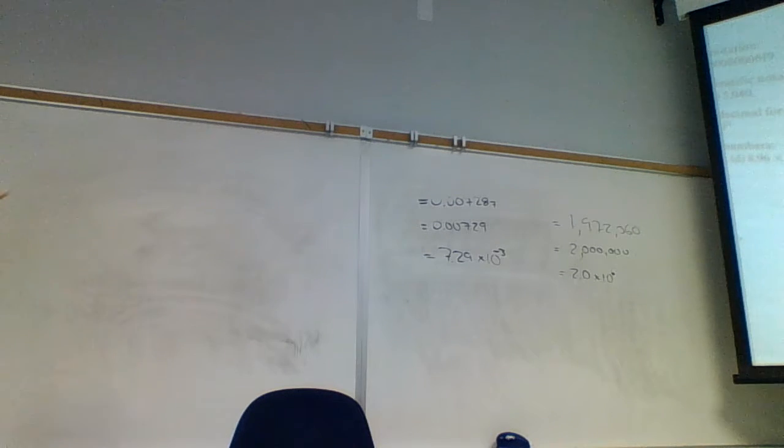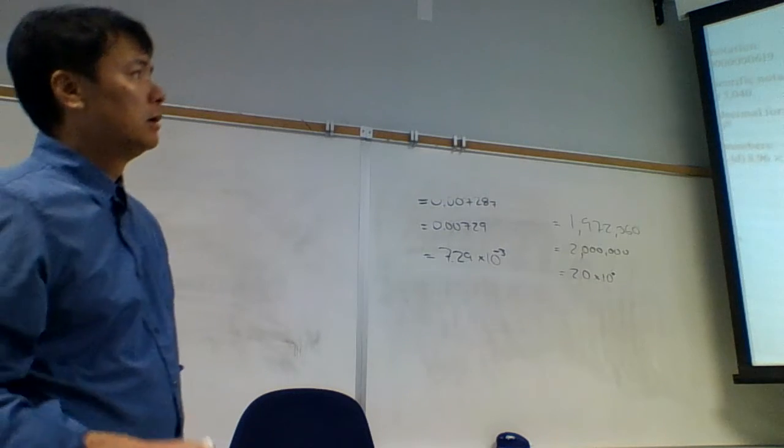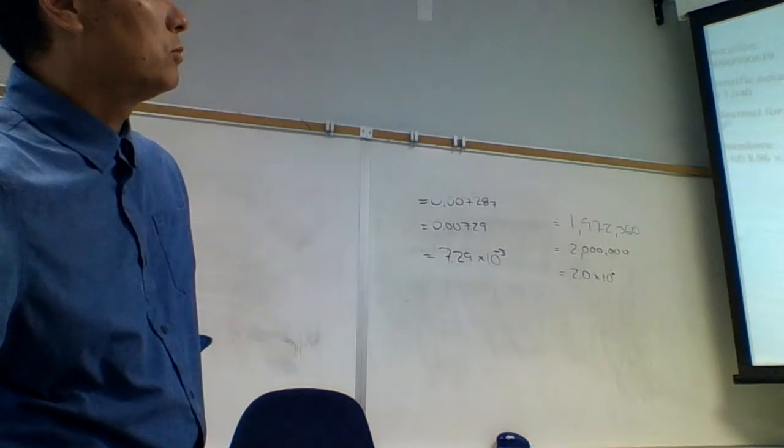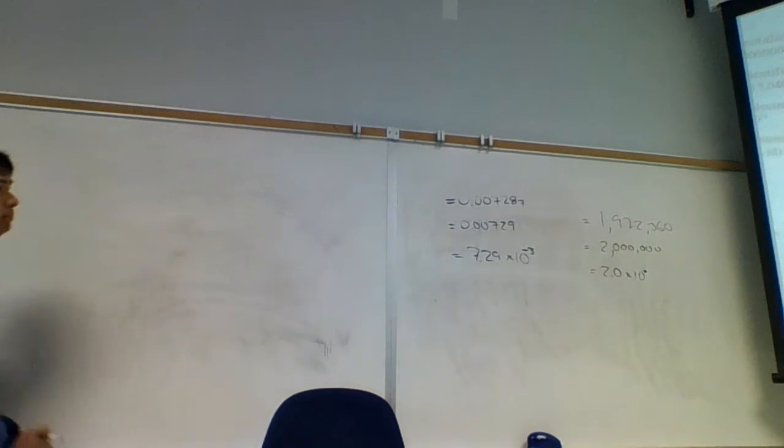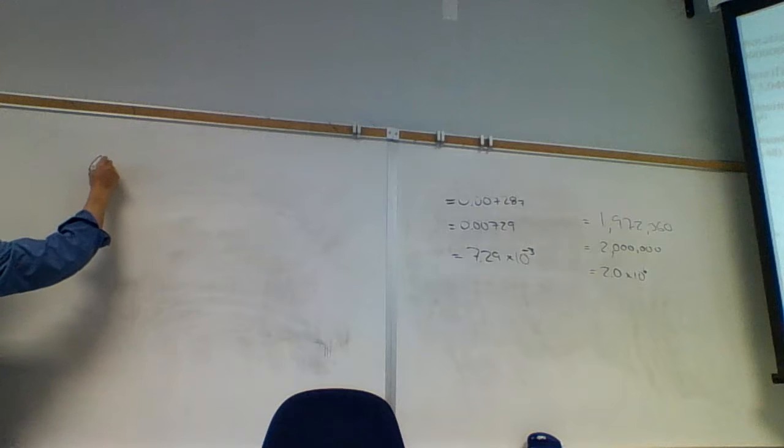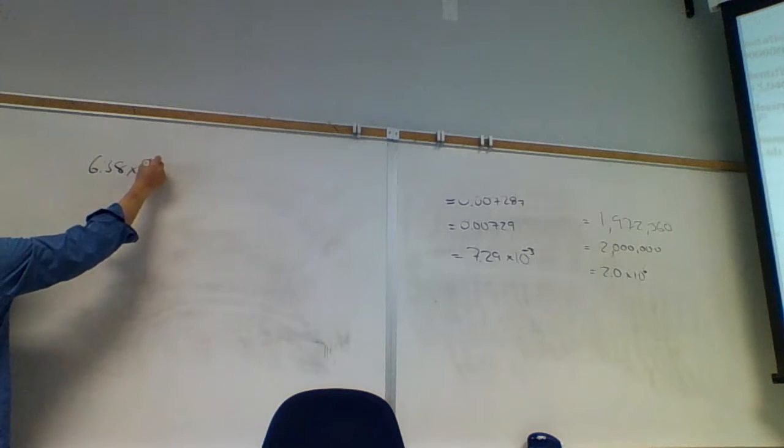The other way of doing it is to get them both the same. So what we'll do is we'll either get them both at 10 to the 7th or get them both at 10 to the 8th. Which way do you want to go? All right, we'll go 10 to the 7th. So we'll leave 6.38 times 10 to the 7th.